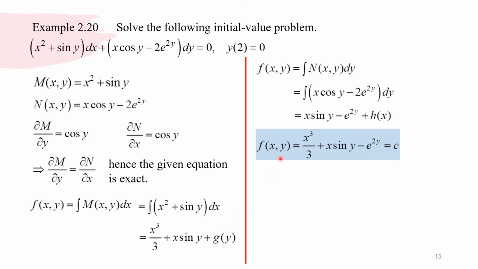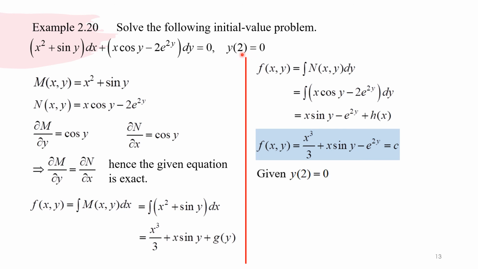We know that the solution of the exact equation is always in the form of f of x, y equals C. So the final result is: x cubed over 3 plus x sin y minus e to the power of 2y equals C. Now this is the solution for the differential equation, but we need to solve the IVP where y of 2 equals 0 given in the initial condition.